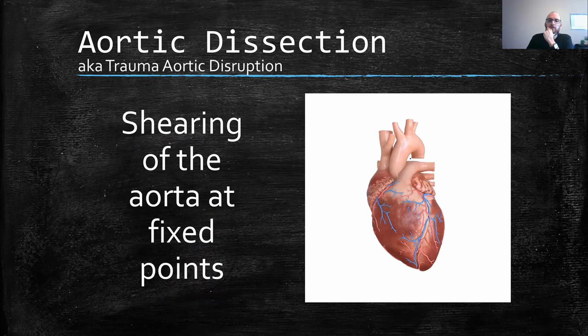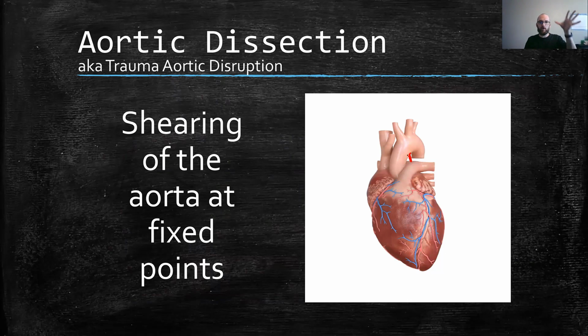So some of those fixed points are the remnant of the ductus arteriosus from fetal circulation, which is that blood vessel between our pulmonary artery and our aorta that allows for some mixing in fetal circulation.